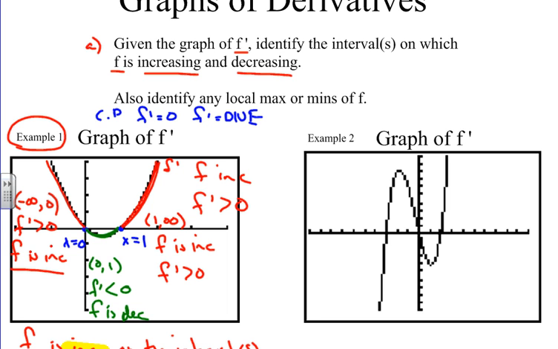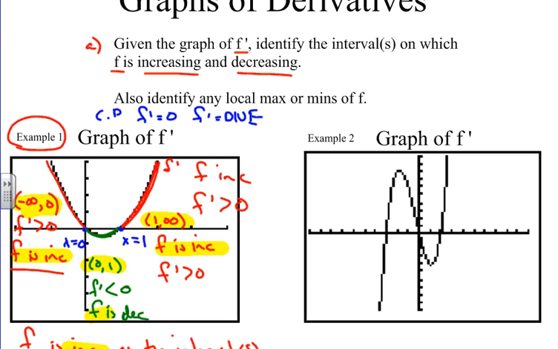So in here, we have found this interval increasing, this interval increasing, and this interval decreasing because of what we found with f prime. So now you can correlate what we did previously when we did graph analysis. Now when we're given derivative graphs, we're doing the same thing, but we're doing the converse of that statement.